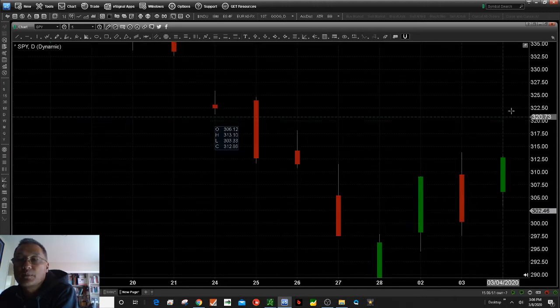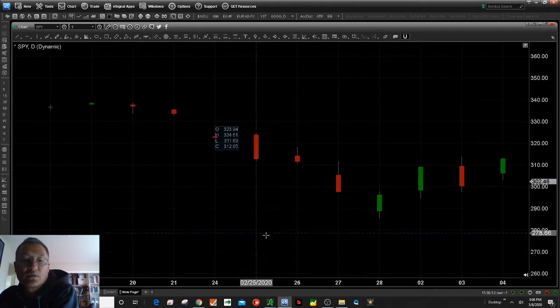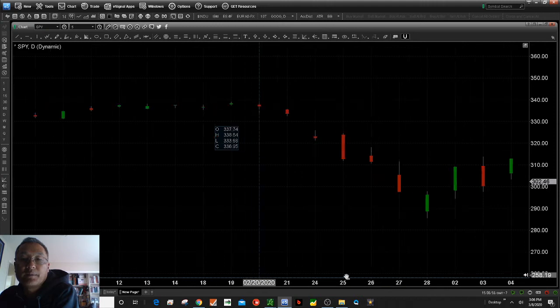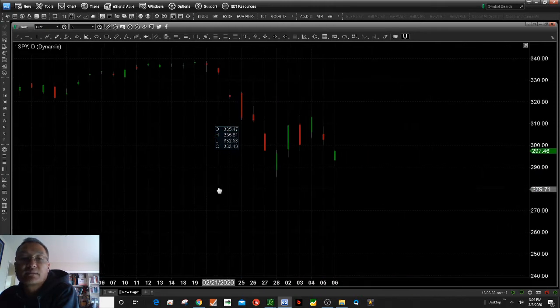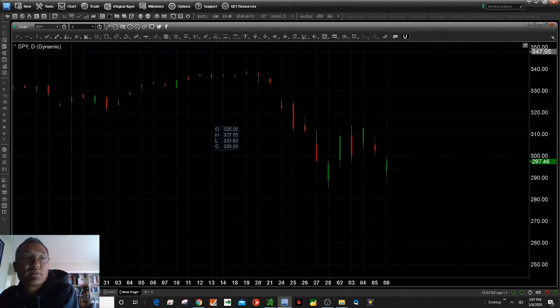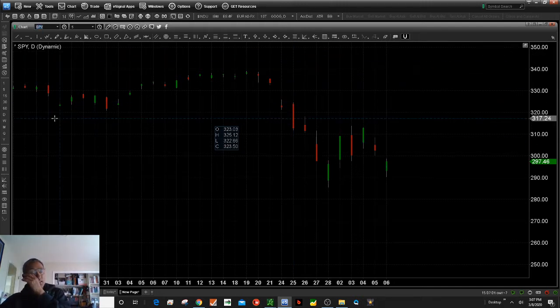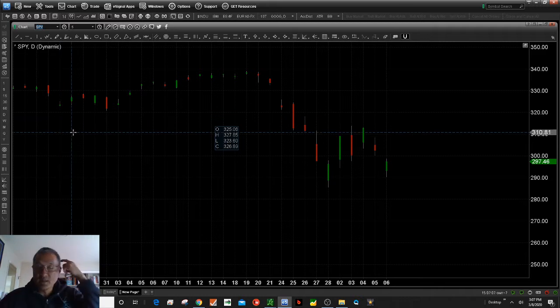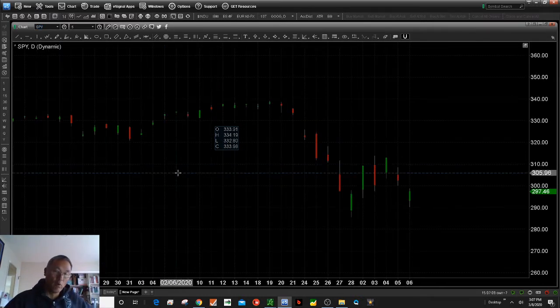Okay, so I hope that makes sense. So this is candlestick reading, and this is a chart of the SPY. It's an ETF. It sort of tracks the overall market.